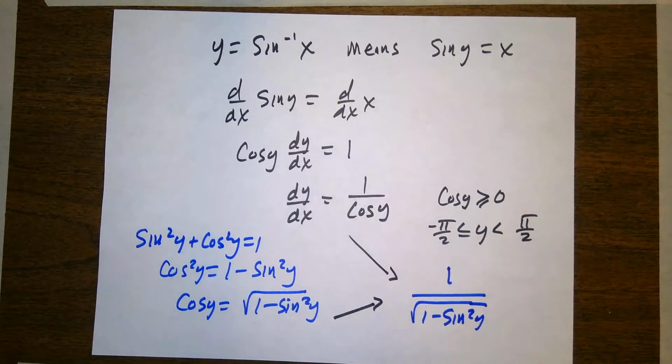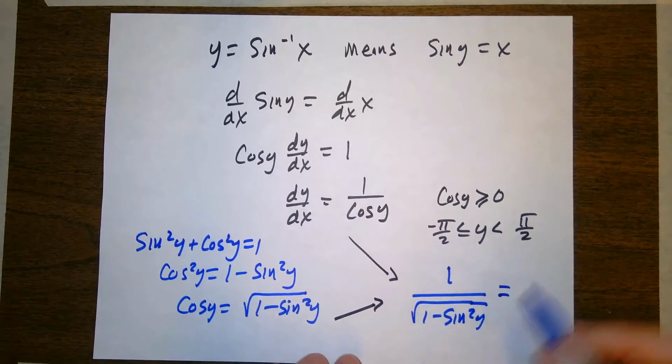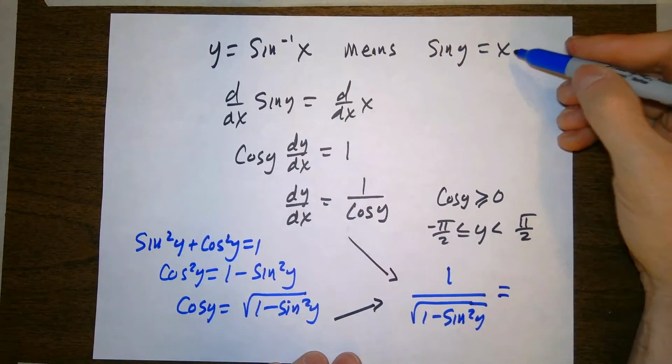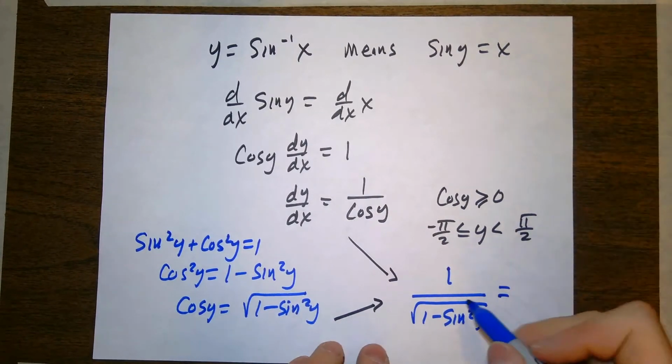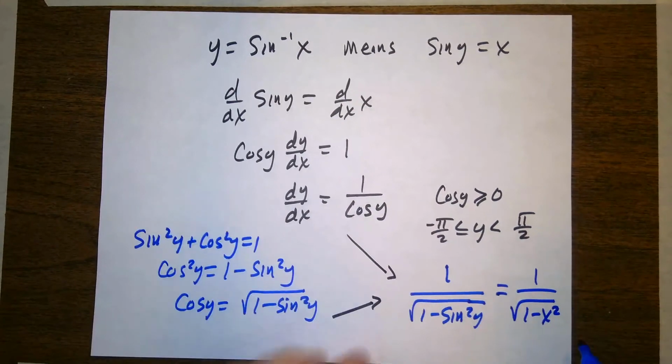But what is that really? Well, what is the sine of y? The sine of y is x. So this is really 1 over the square root of 1 minus x squared. And there's the identity. There's the trig identity proven.